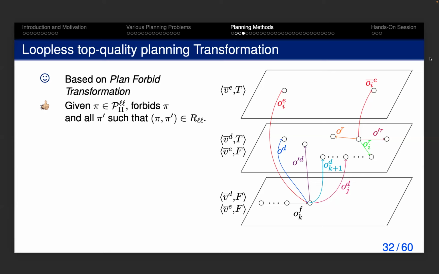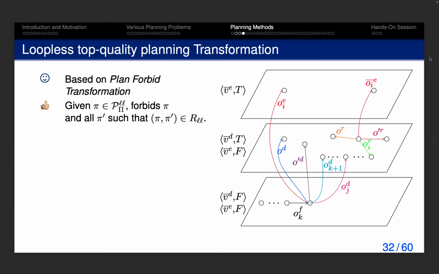This is not nice, so I will not present it here. But basically, this works. So if you are using this transformation within the forbidden iterative framework, which is yet to be implemented, by the way, sorry, then you can solve loopless top-quality planning.